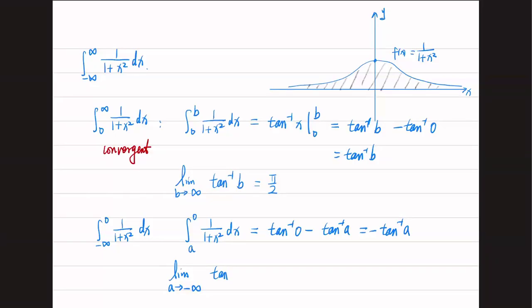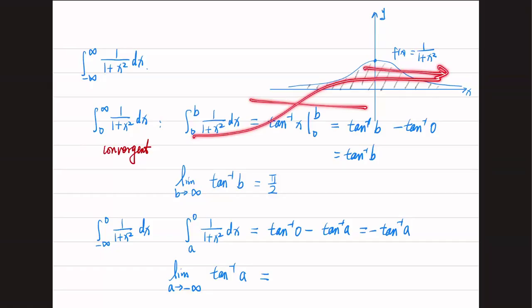In the same way, we go to negative infinity for arctangent. This way goes to pi over 2, this way goes to negative pi over 2.